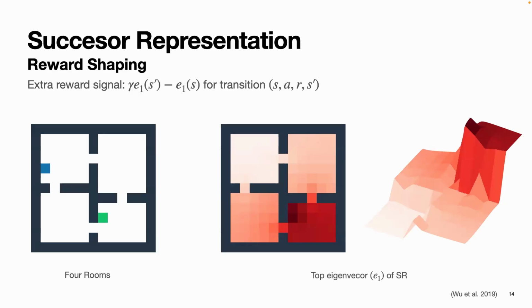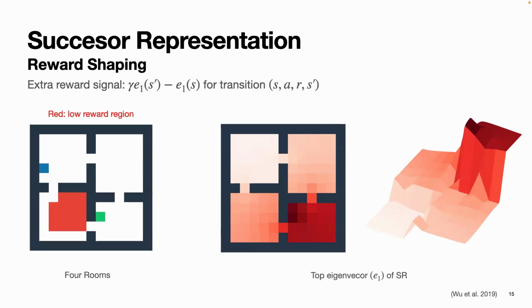And we can see that the value is increasing as you get closer and closer to the goal. So what will happen in practice when you apply this for reward shaping is that it is going to give the agent a bonus when it gets closer to the goal, and a penalty when it gets farther away from the goal. And this is a denser reward signal than the original environment reward, so it can speed up learning.